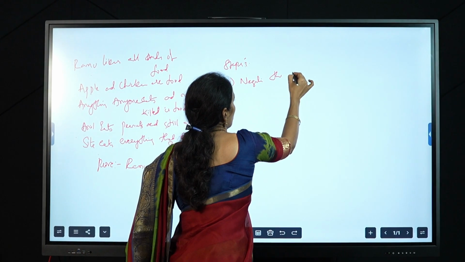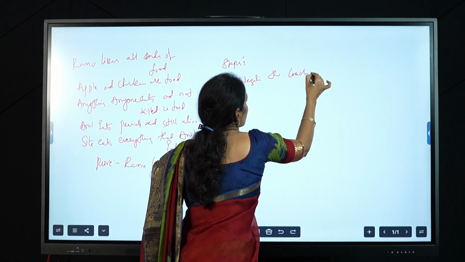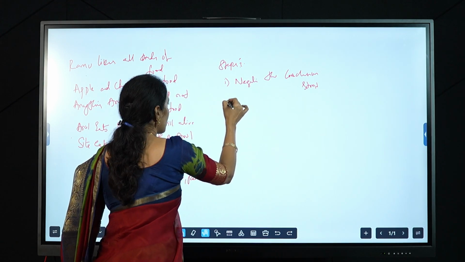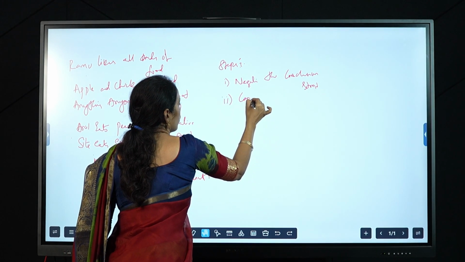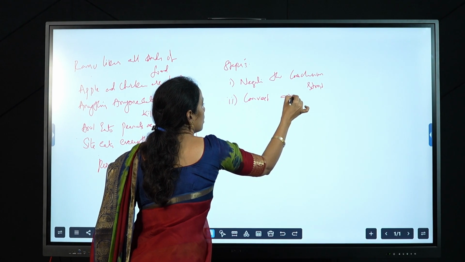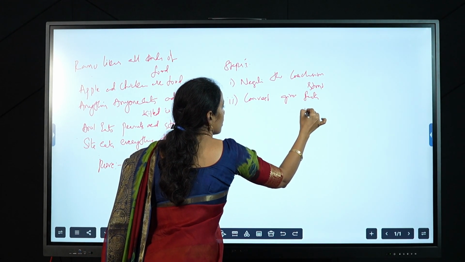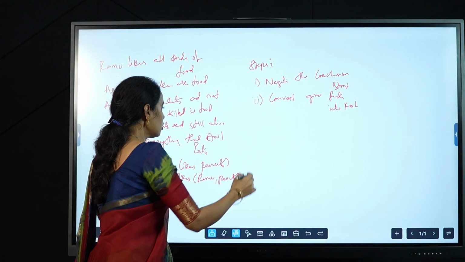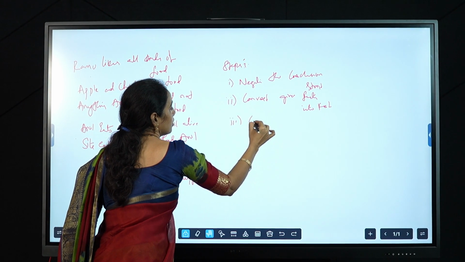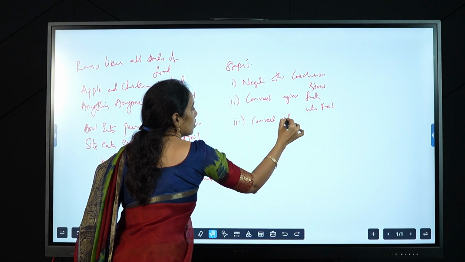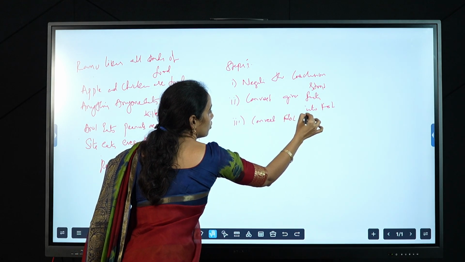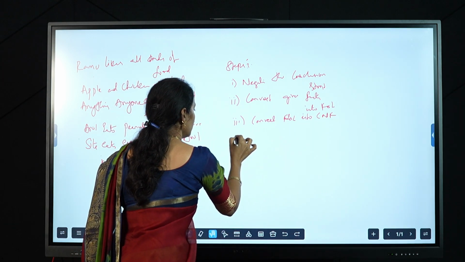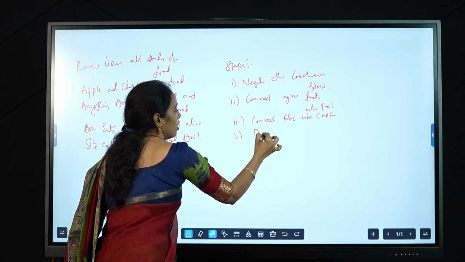The second is to convert the given facts into FOL, that is first order logic. The third is to convert FOL into CNF, that is conjunctive normal form. Then the fourth step is to draw the resolution graph.